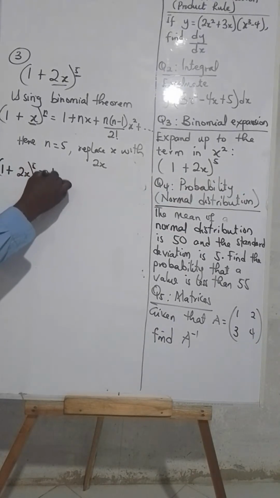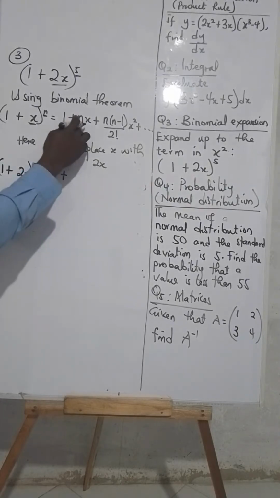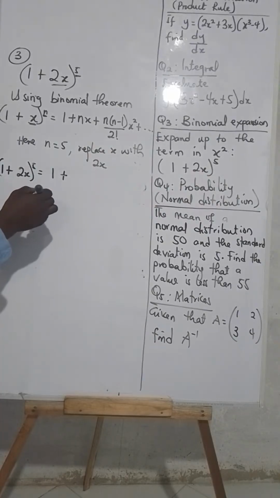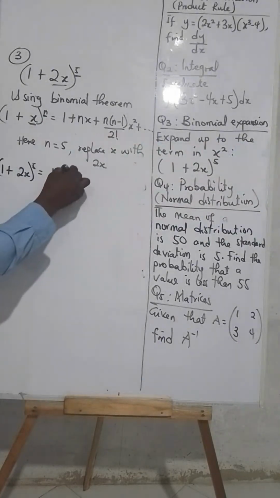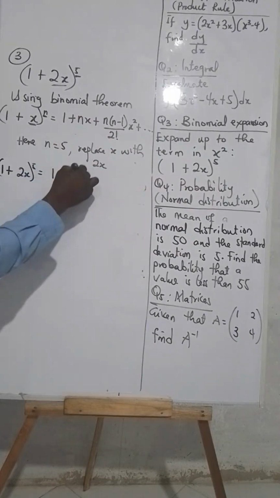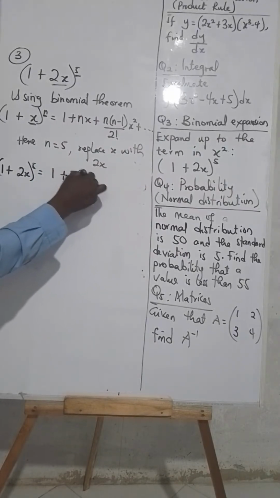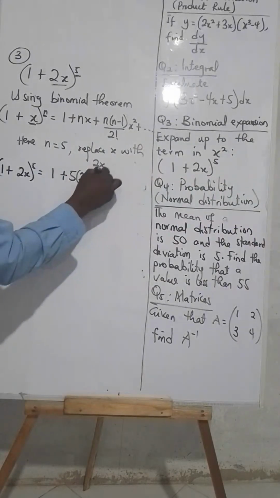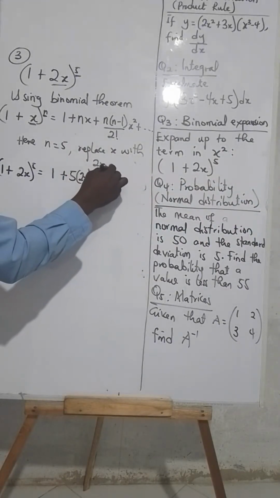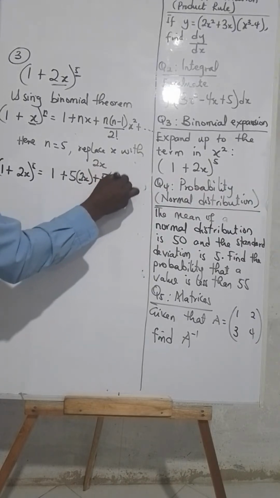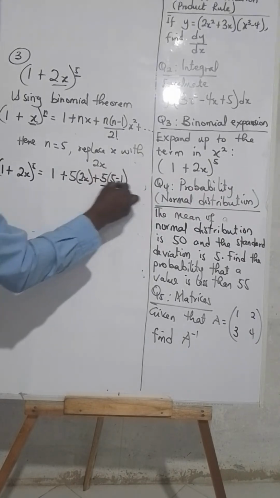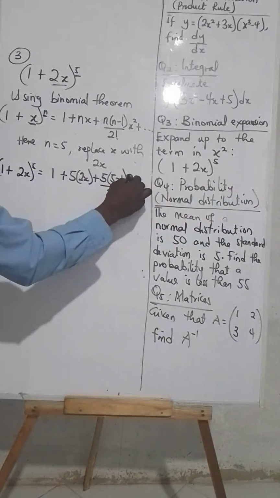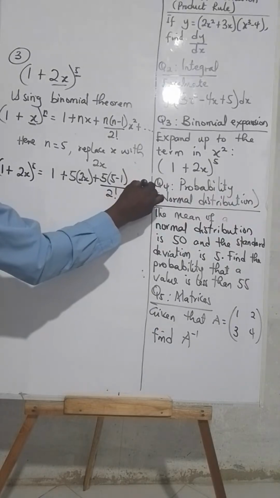So this will give us 1 plus the n is being replaced with 5, then the x is being replaced with 2x, plus, n is 5, so 5 minus 1 on 2 factorial, and have your x squared here.